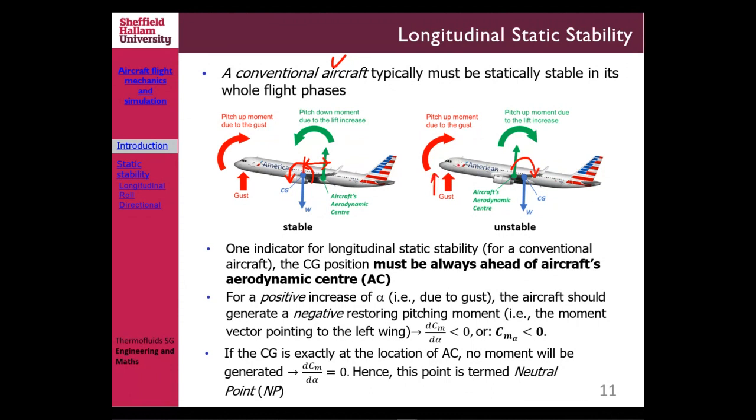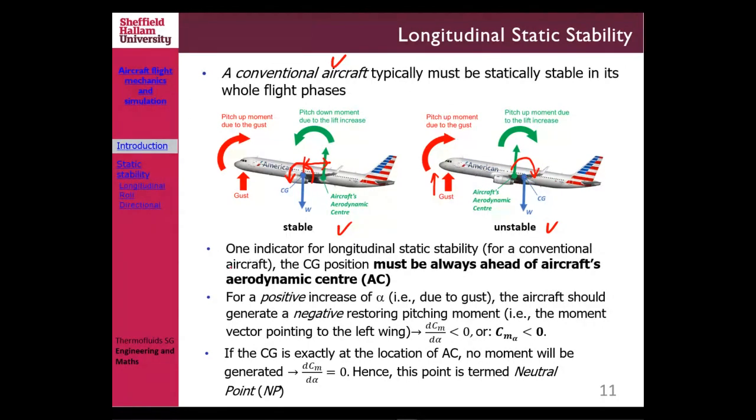So whenever you get a gust, rather than returning, the aircraft will keep moving up and up until you have an unstable condition. So this is considered stable, and this is considered unstable, by looking at the positions of those two forces, the weight and your lift.